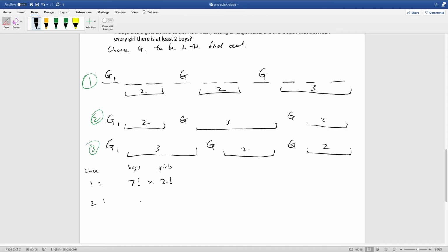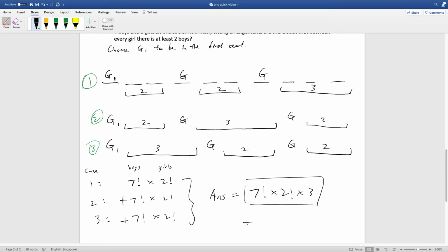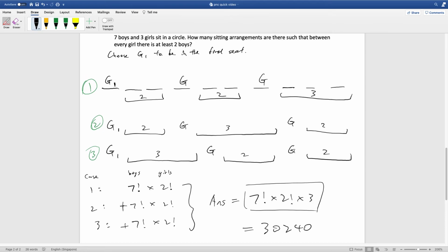For case 2, there's also 7 factorial times 2 factorial. And for case 3, there's also 7 factorial times 2 factorial. So the answer is just 7 factorial times 2 factorial times 3, because there's 3 different cases and you add all of them up. So this is the final answer, which is 30240, and that's the answer to this question.